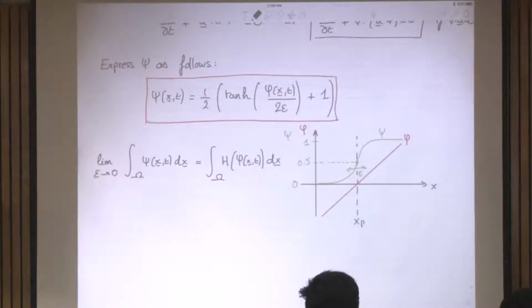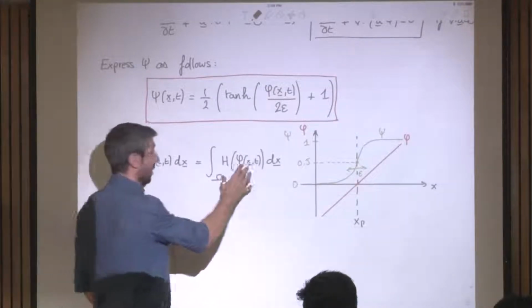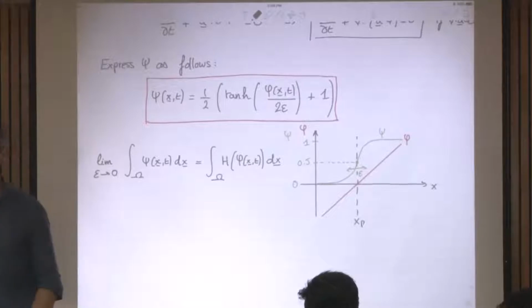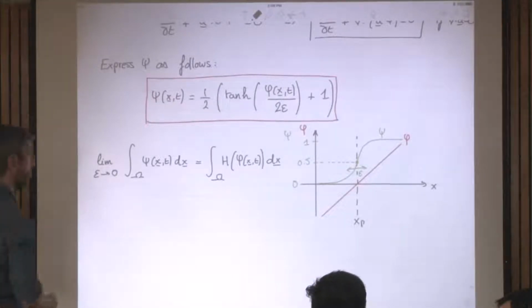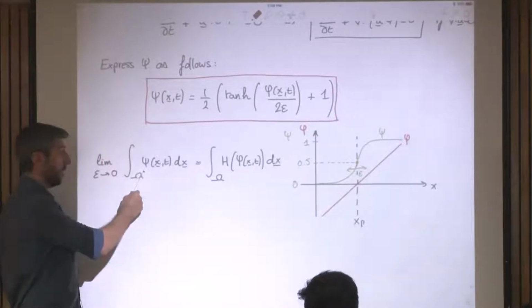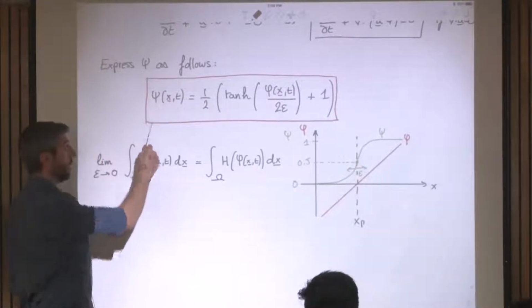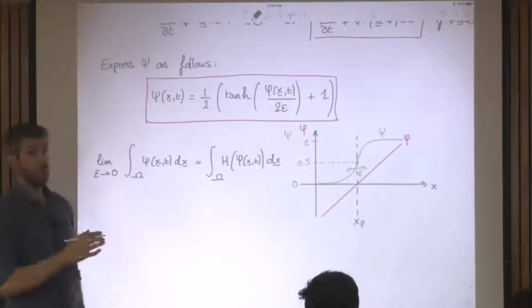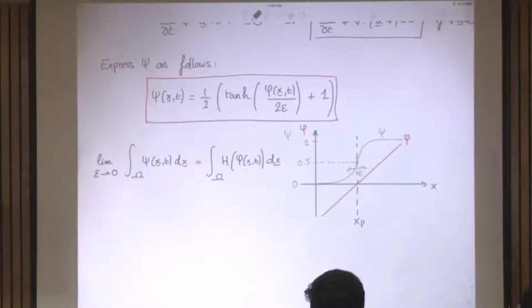On the right, I have the volume of liquid, the volume enclosed by my zero distance level set isosurface. On the left, I have the integral of my conservative level set. If my epsilon is small enough, one will be a good approximation of the other.